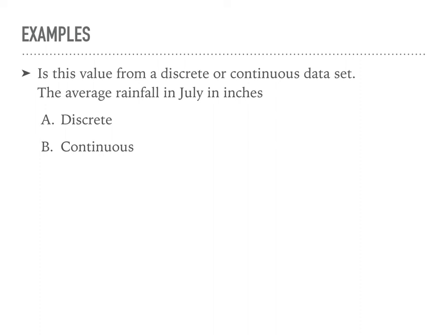Rain can absolutely be a decimal number, so that means this would be continuous data. Keep in mind, discrete data values have to be whole numbers. Continuous data values can be decimals.